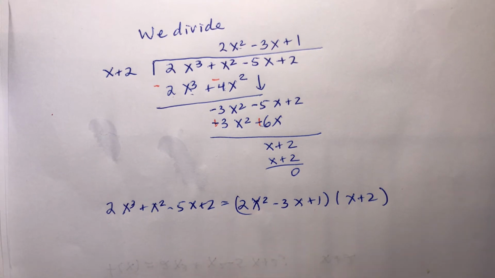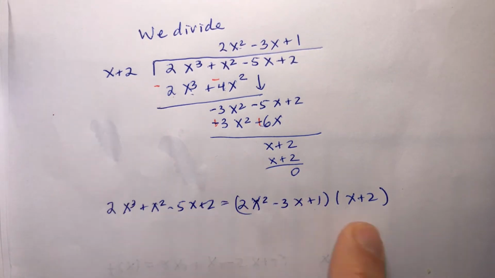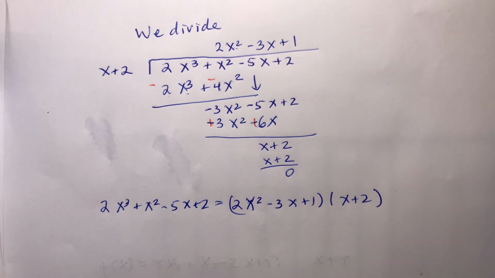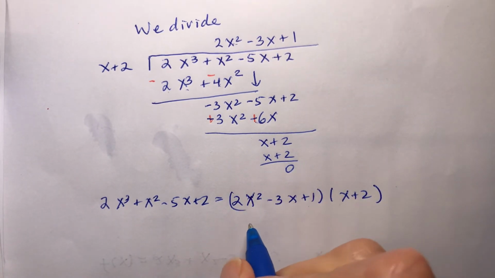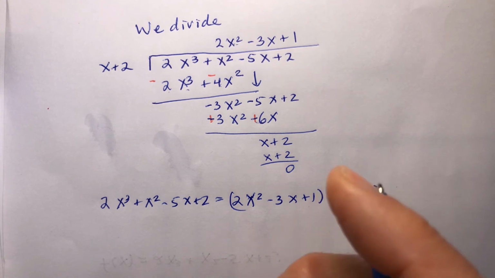That's the result of this long division, plus a remainder of 0 divided by x plus 2, so we don't add 0 there. Now we know that one of the factors is x plus 2.